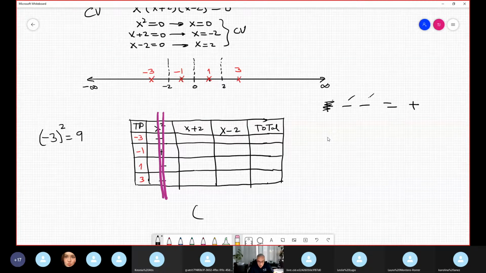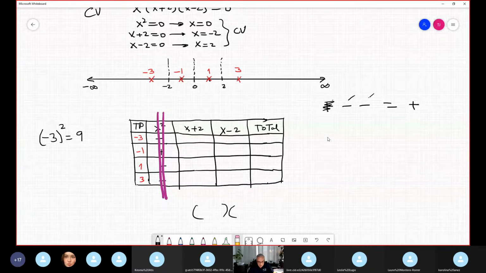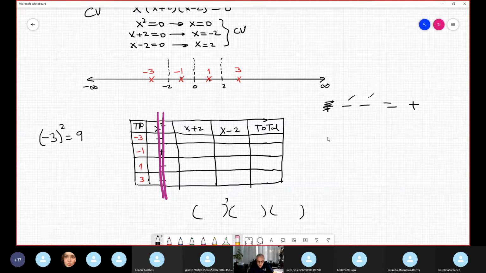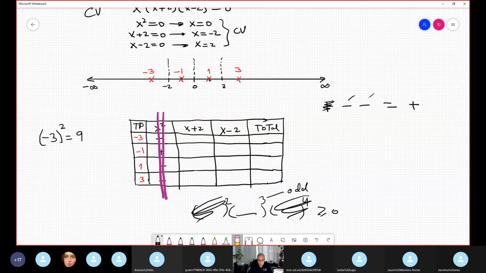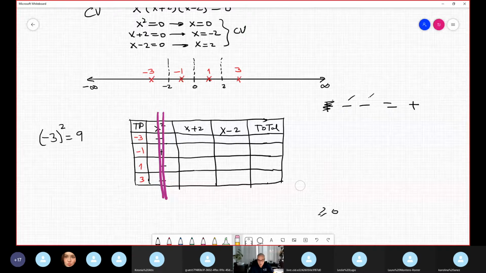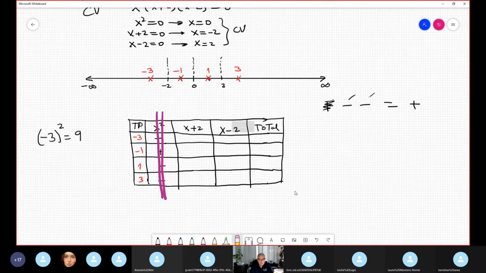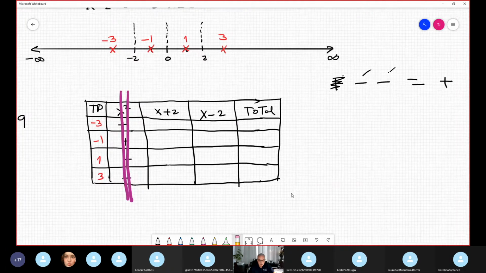Suppose another more complicated example, which I want to explain in detail in the next example. Suppose you have some factors with exponents 2, 3, and 4, all equal to 0. You can ignore the even exponents and focus only on the odd exponent, because I know that an even exponent is always positive and doesn't affect my answer. The only thing that affects my answer is the negative and the analysis. Okay, let's move on to the factor, to the negative 3.